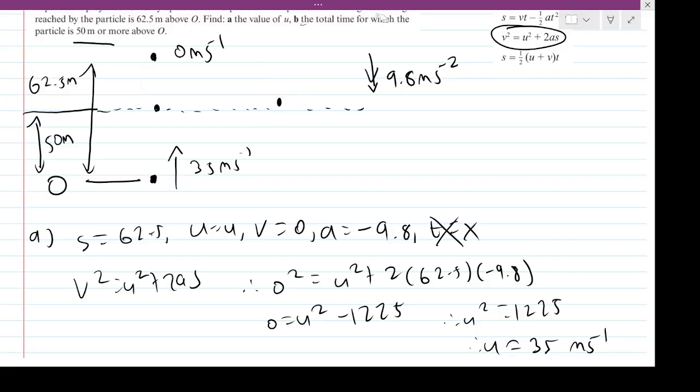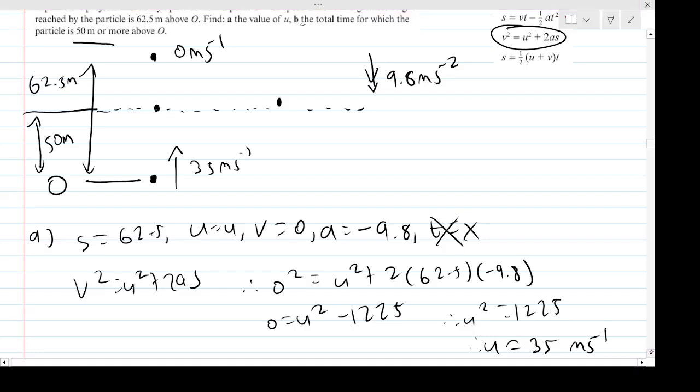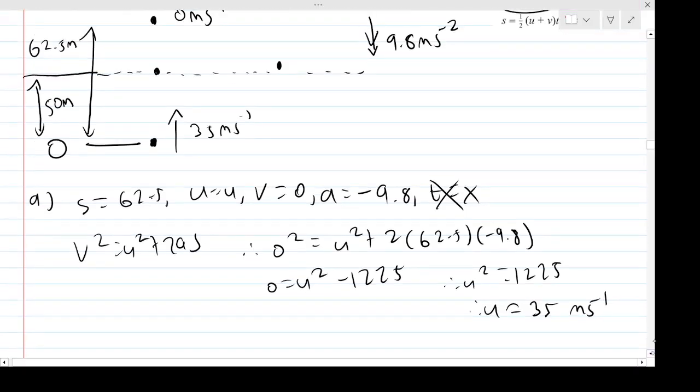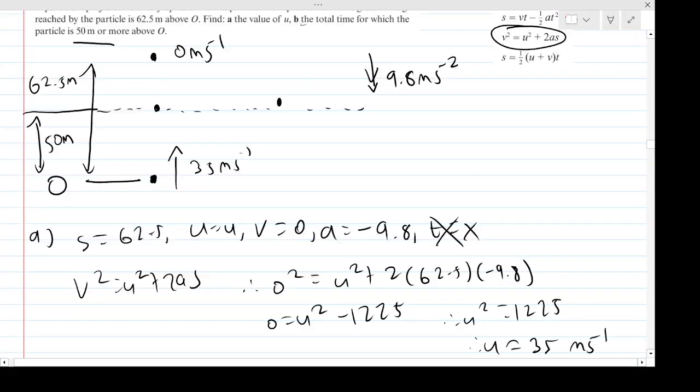So what's the time? If we do our suvat, starting from this point O, we want it to be 50 meters above O, so the displacement has to be 50.